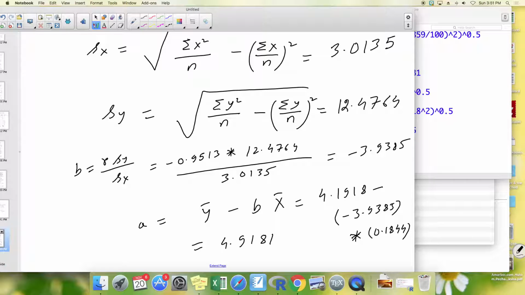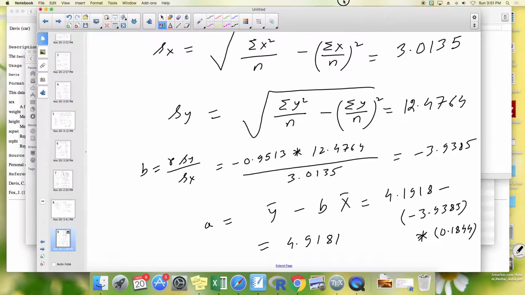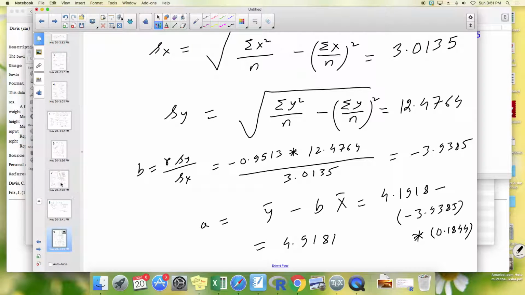So our y hat should be y hat equals 4.9181 minus 3.9385 times x.